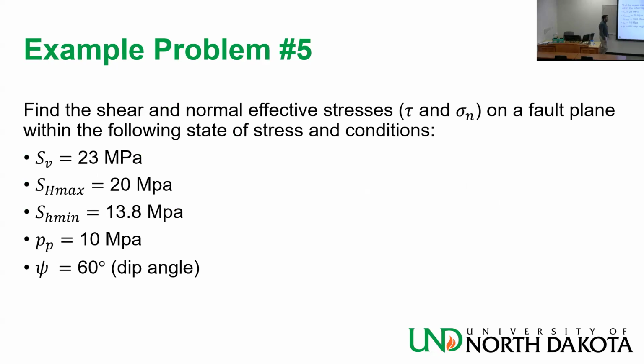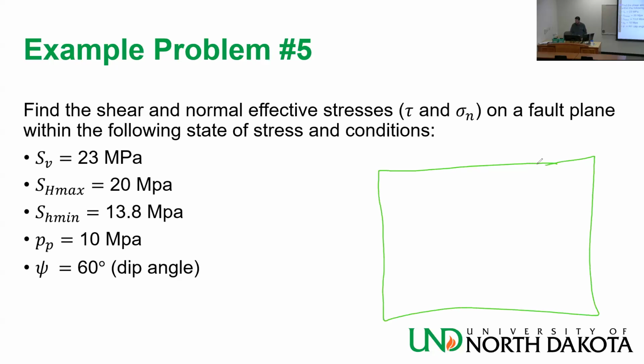So I already have a fault, so I can very much assume that the model is pre-fractured. The rock sample that I'm dealing with is pre-fractured, because I already have a fault plane. So tau naught equals 0. I already have a fault in the direction that it will most likely slip.